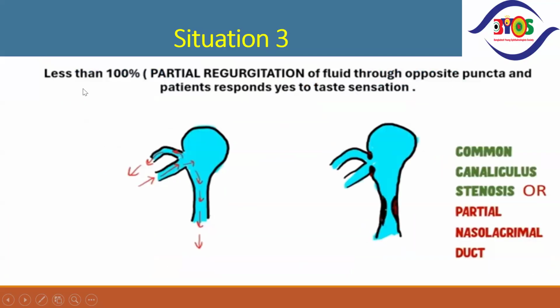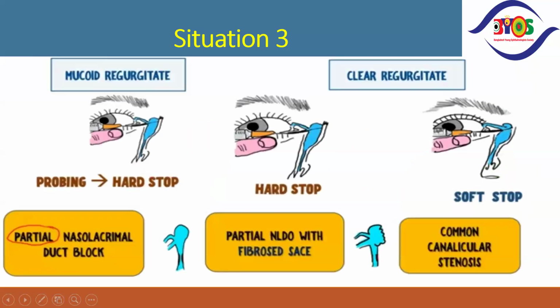In situation 3, less than 100%, partial regurgitation of fluid through the opposite puncta and the patient responds yes to the test of sensation, it is most likely a common canalicular stenosis or partial nasolacrimal duct obstruction. In these cases, there are three scenarios. Again, when we have mucoid regurgitate and on probing we find a hard stop, then there is partial nasolacrimal duct obstruction.